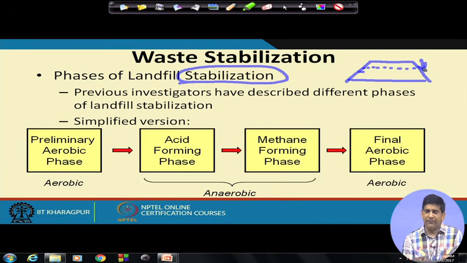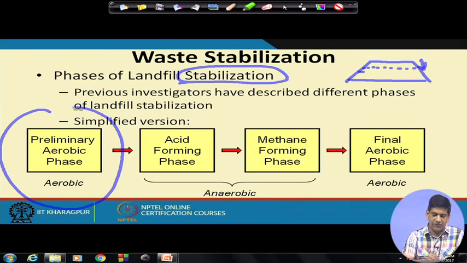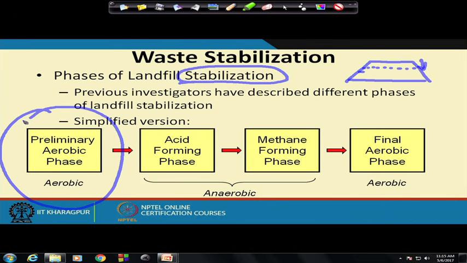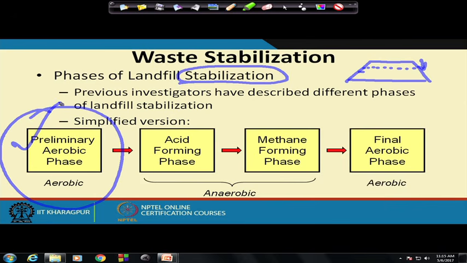In terms of landfill stabilization, the first phase is the preliminary aerobic phase. What does that mean? As you saw in some of the sketches and pictures of the landfill, we have the liner at the bottom and we are putting the garbage in. It is exposed to air, so you will have aerobic conditions.